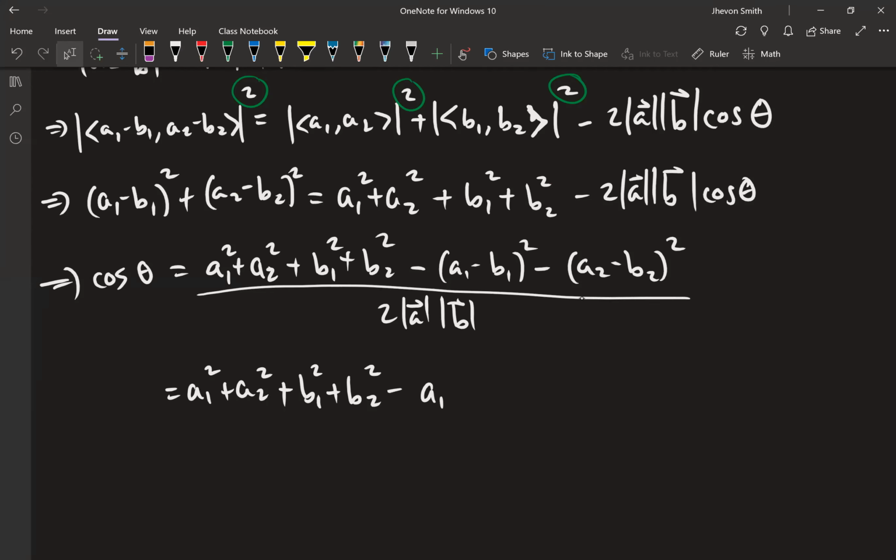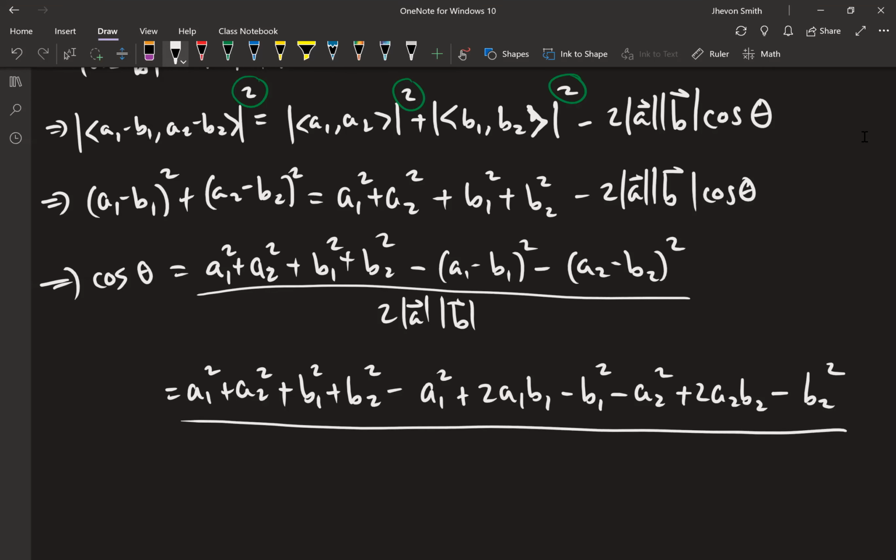So this is going to be a1 squared. This will end up being plus 2 a1 b1 minus b1 squared. This is going to be a2 squared plus 2 a2 b2. Let me move this chat box out the way. Minus b2 squared. Now what do you notice?